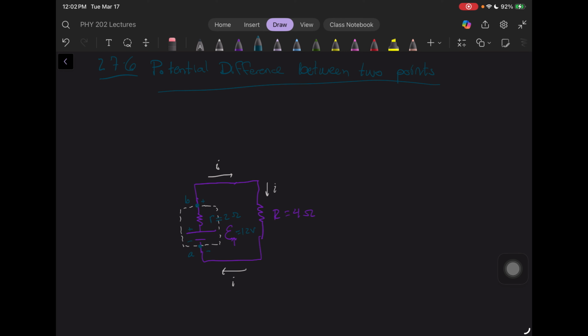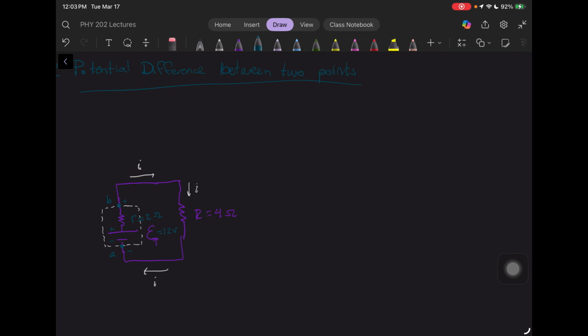Okay, so if we go through our accounting of potentials starting at VA, we have VA, then we go through the battery, so plus our EMF, we're going with the current through that little resistor, the internal resistance, so we go minus I lowercase r, and then we get to VB, right?